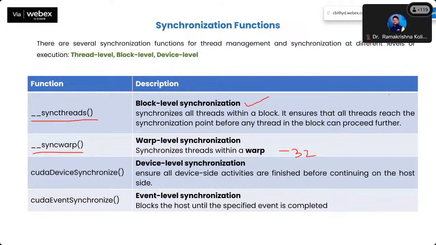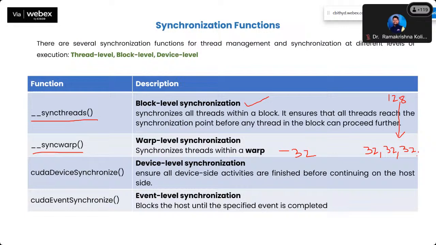Suppose you have 128 threads in one block. Whenever this block is launched on the GPU, it will be mapped onto an SM. What will happen is that it will be automatically divided into chunks of 32, 32, 32, and 32.